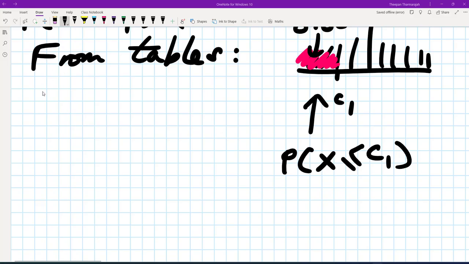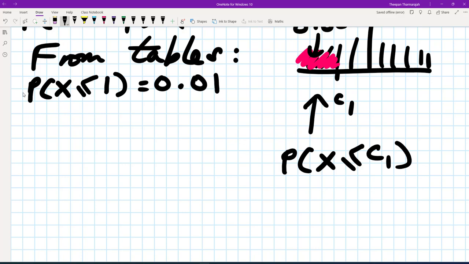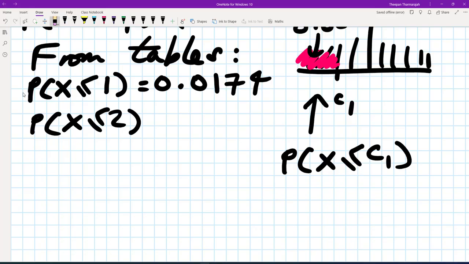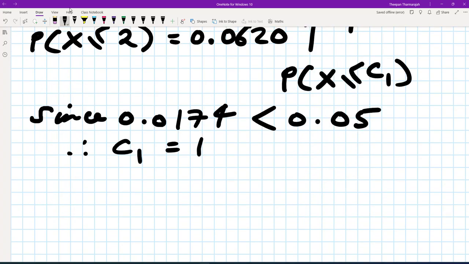Writing that down in our exercise books, we have the probability that x is less than or equal to 1 is 0.0174, and the probability that x is less than or equal to 2 is 0.0620.